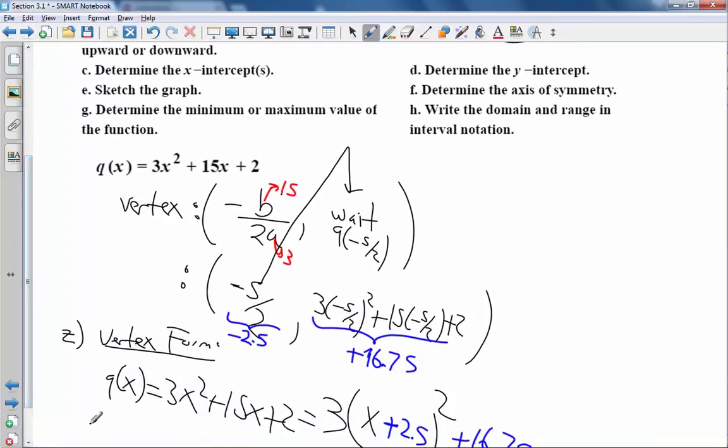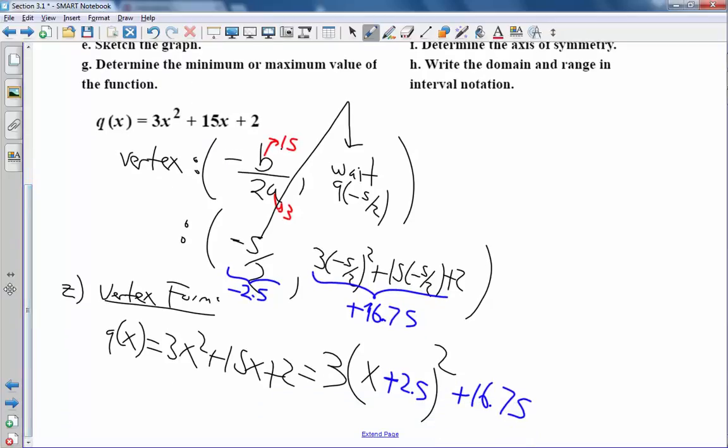Alright, do you like this formula better? No? How many of you like the formula better? Raise hand. How about the previous method? You like it better? You're weird. You usually like formulas better, but because the numbers were ugly here, 2.5, 16.75, maybe.